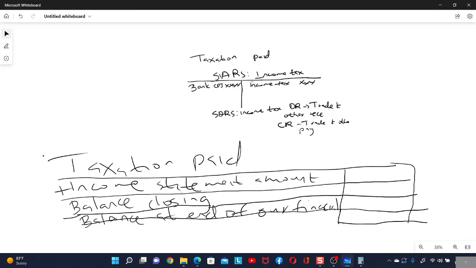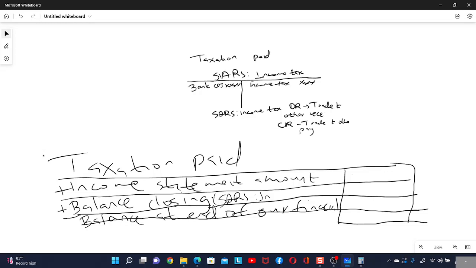So you take the income tax from the income statement, then you add it with the SARS income tax from the balance sheet, because most of the time it's there in the balance sheet.